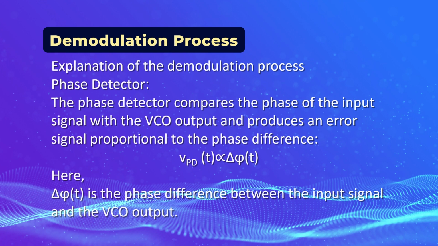The phase detector compares the phase of the input signal with the VCO output and produces an error signal proportional to the difference, where V PD of t is proportional to delta phi of t. Here, delta phi of t is the phase difference between the input signal and the VCO output.